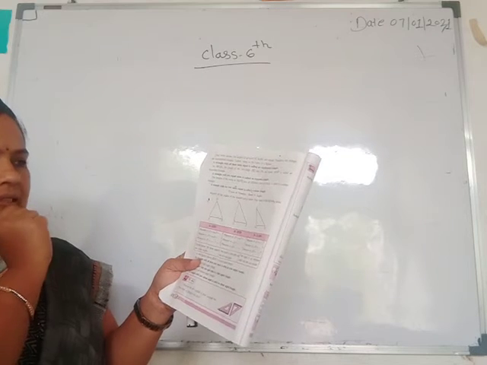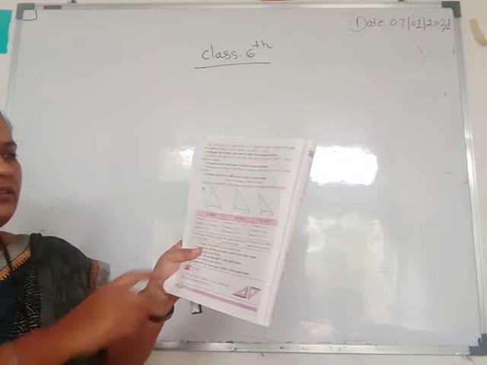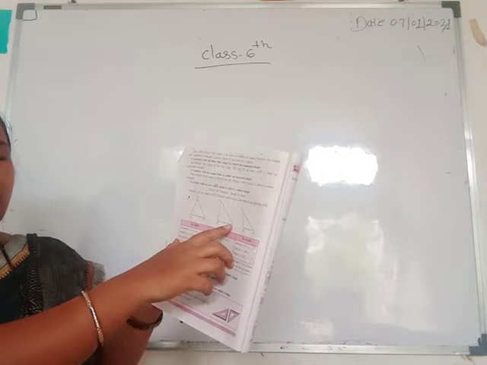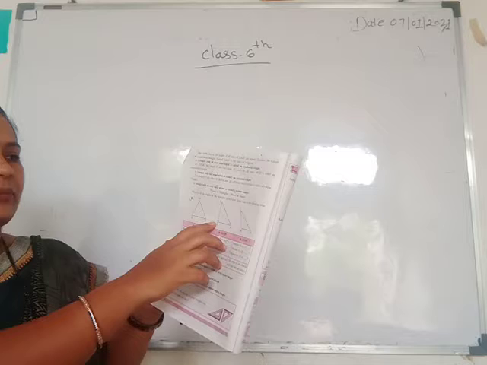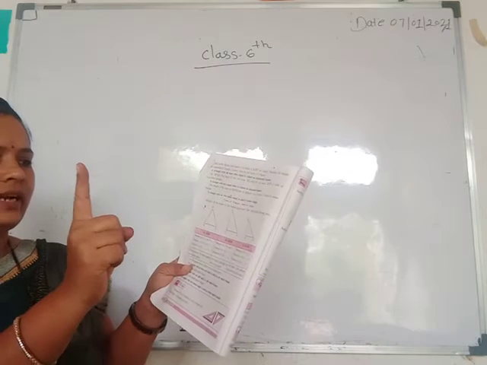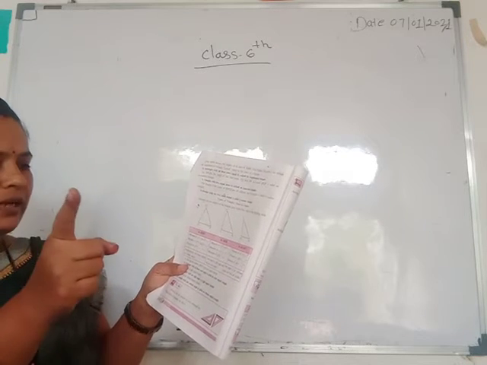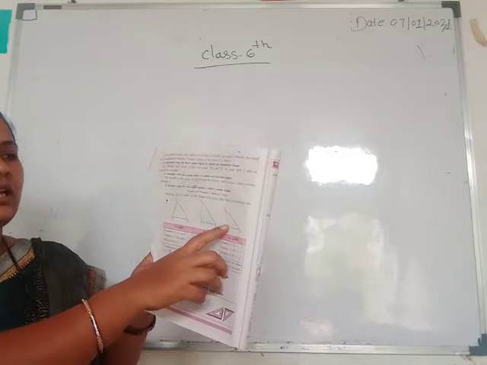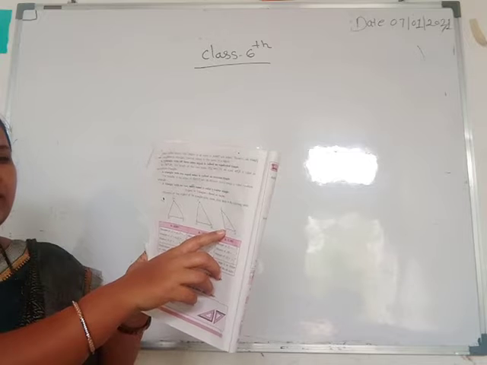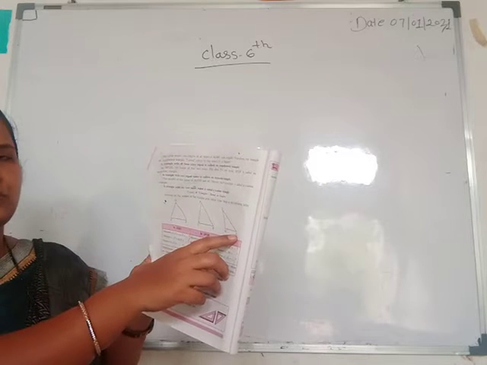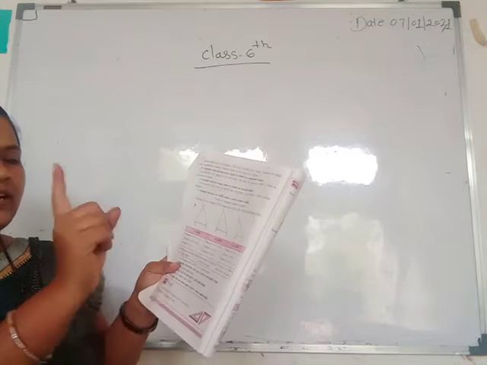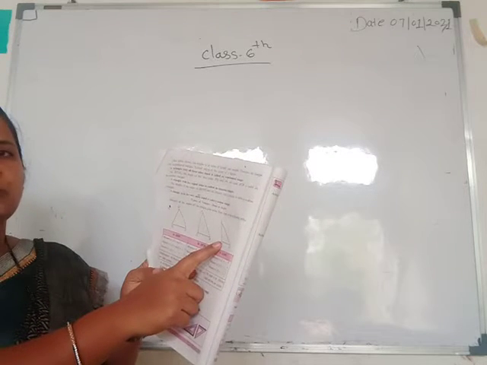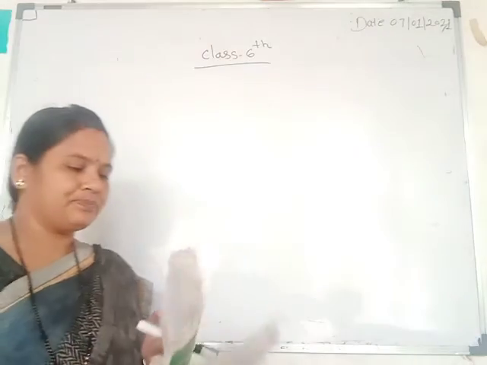Second one, in triangle PQR, angle Q is equal to 90 degrees, and angles P and R are acute angles. One angle is a right angle and two are acute, so this is a right angled triangle. Third one, angle M is an obtuse angle, and L and N are acute angles. One angle is obtuse and two are acute, so this is an obtuse angled triangle.